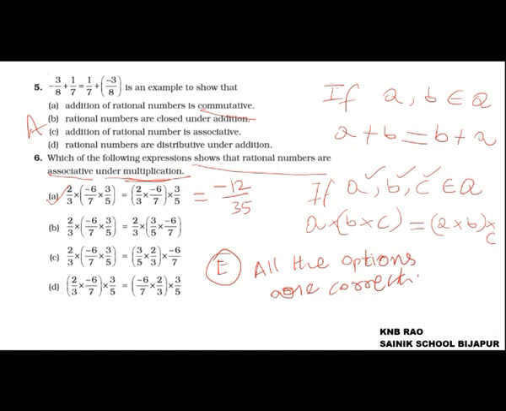Next set of questions. 0 is definitely called the identity under addition, the additive identity element. So the right answer here is A. 1 is the multiplicative identity, the identity for rational numbers under multiplication. The right option is C. Ninth question.